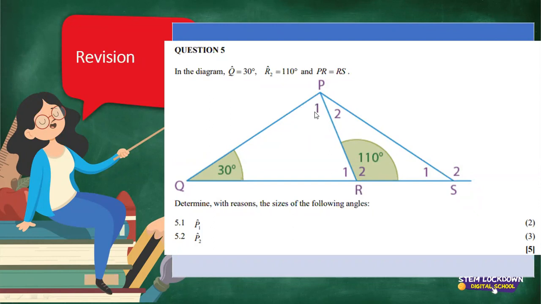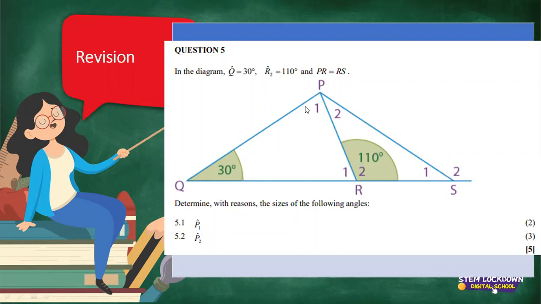Now, what is P2? P2 will be equal to 35 degrees. We already calculated it: 180 minus 110 gives us 70, and 70 divided by 2 gives us P2. And to find P1, we can simply use the exterior angle.